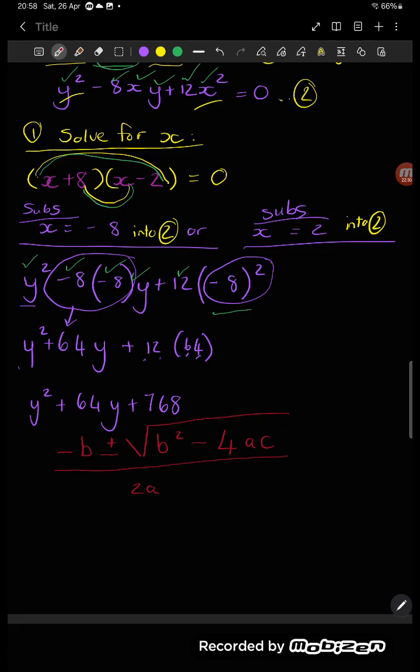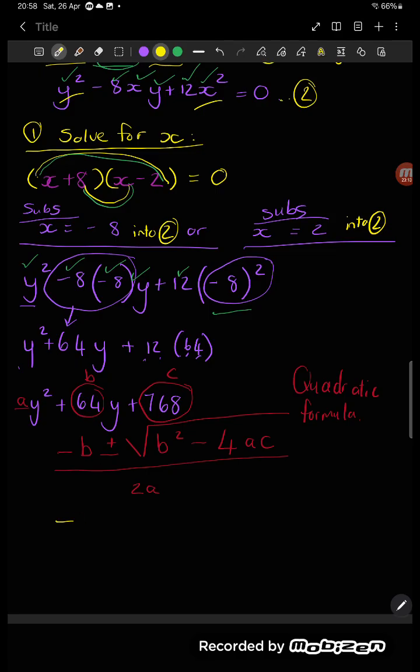When the grade 11s walk into tutoring class, I say to them, what's your quadratic formula? And they've always got to tell me minus b plus minus the square root of b squared minus 4ac over 2a. The quadratic formula is a formula that you can use to find that guy's answer. So this would be a, this number here would be b, this a is 1 now, this number c, and we're going to substitute them into the formula.